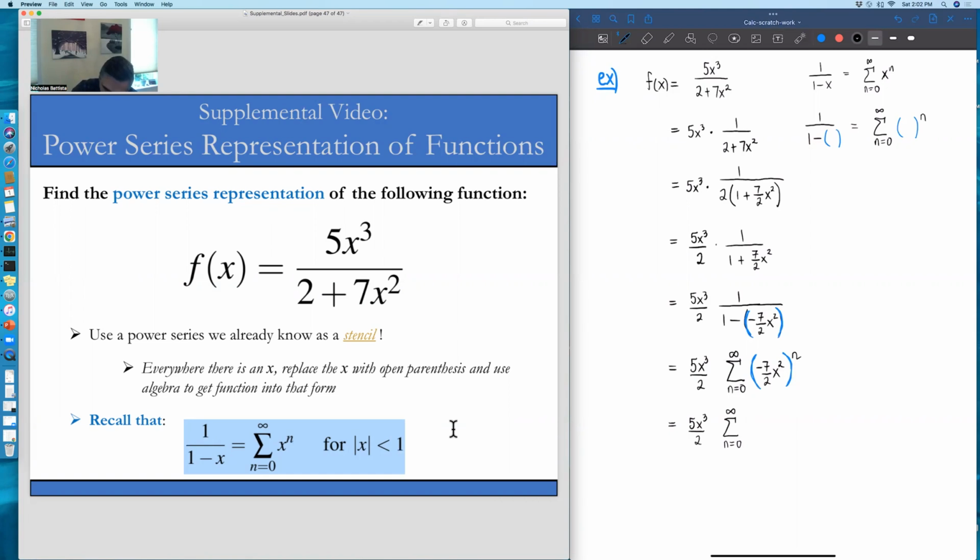So first, we notice we have a minus sign. So we could write this as one of those factors being a minus 1 to the n. Another factor then is a 7 over 2. We can raise that to the n. And finally, this other factor is an x squared that we can raise to the n.